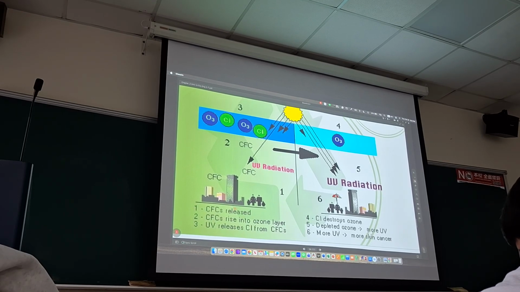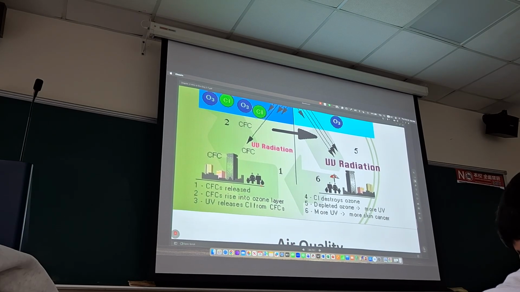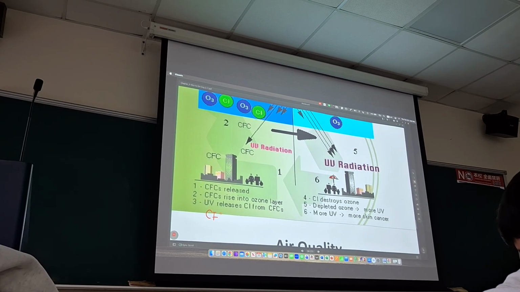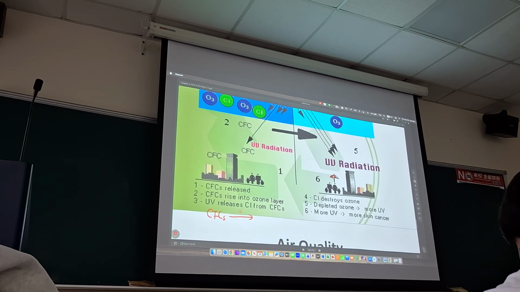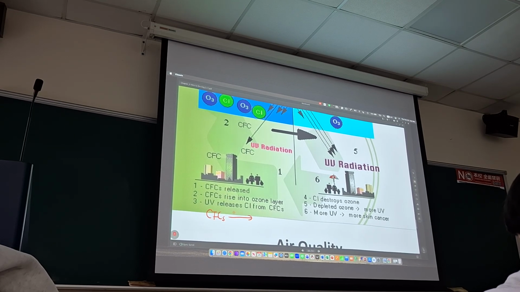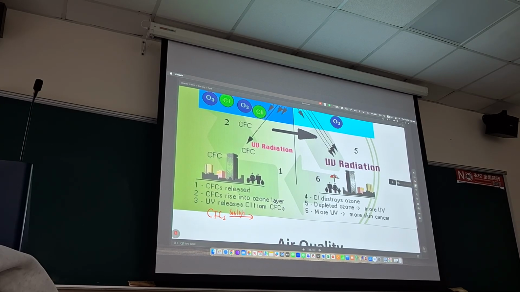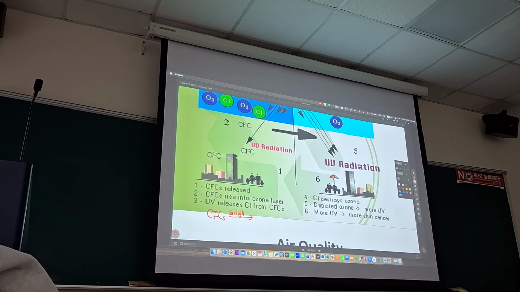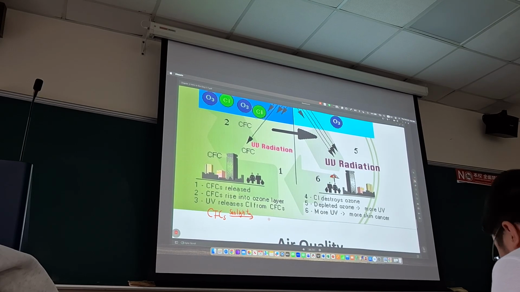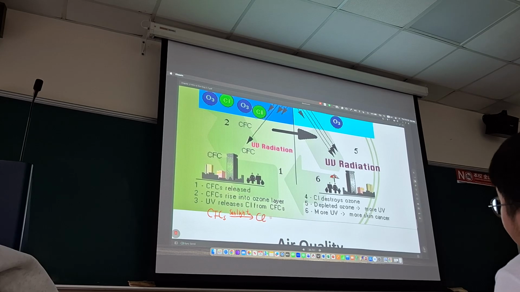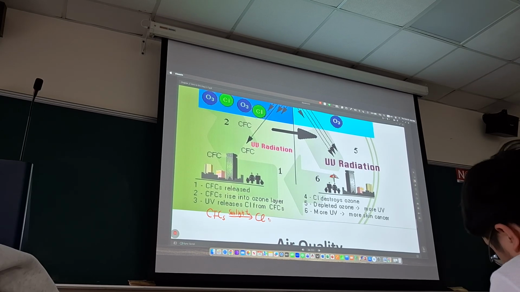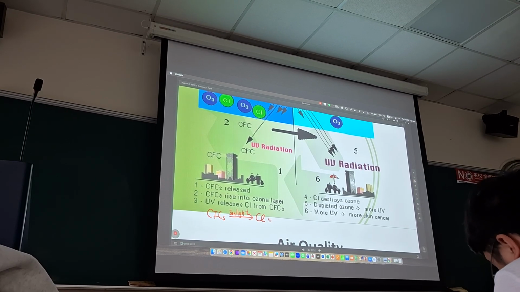CFC is released and rises into the ozone layer. CFCs will react with the sunlight radiation, and it will release the chlorine free radical.